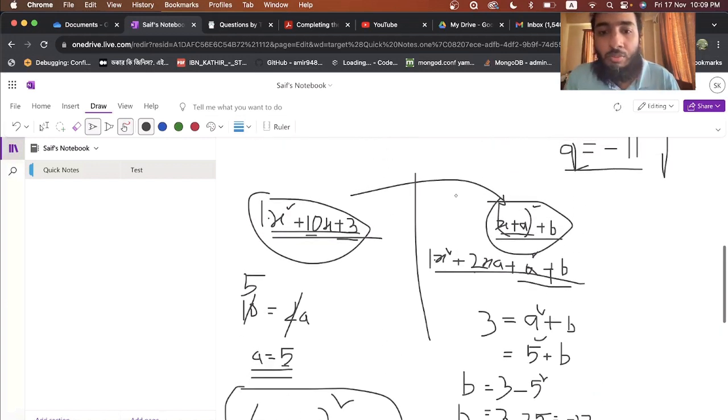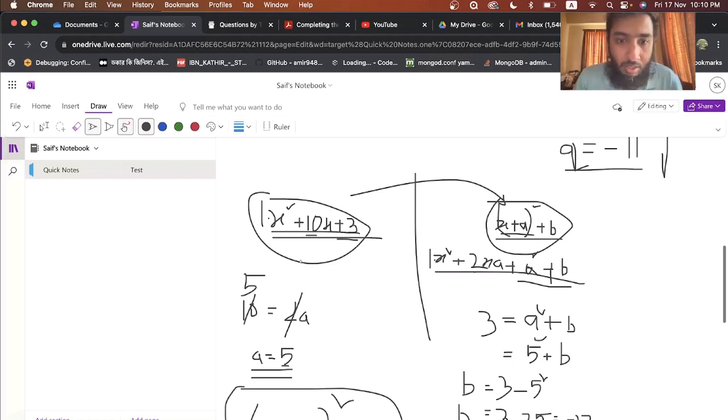So the first thing that I thought here was to equate these two expressions to match the coefficients of these terms. I first looked at the term in x square, so 1 and 1 are equal.